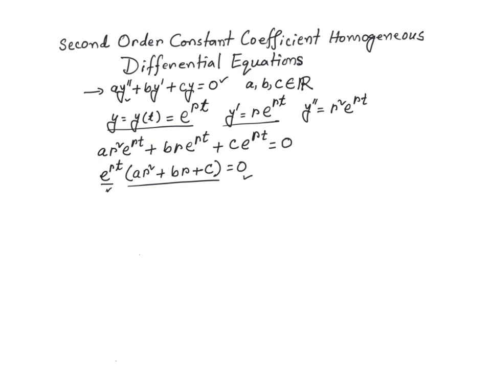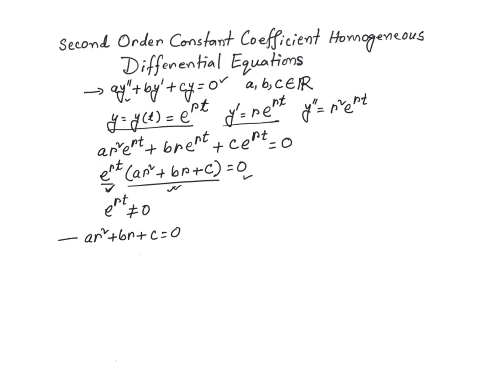So either this one is 0 or that one is 0, or possibly both. But look at the first term, e to the power rt. This is an exponential function, hence never 0. Therefore, the other factor must be 0, which tells me that a r squared plus b r plus c must be equal to 0.